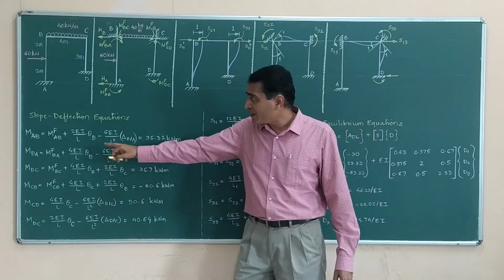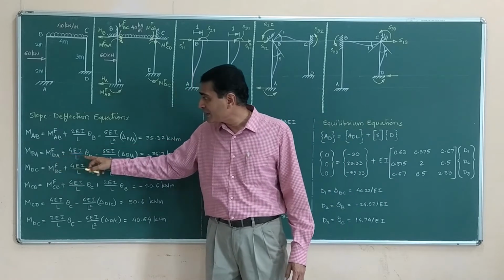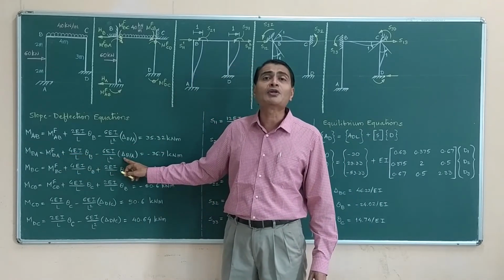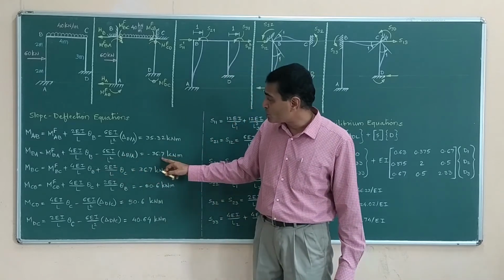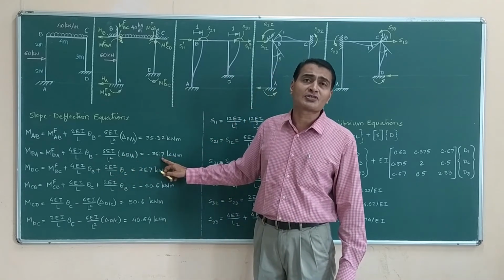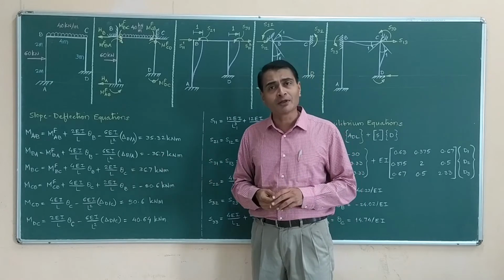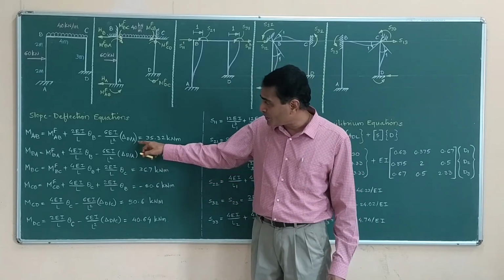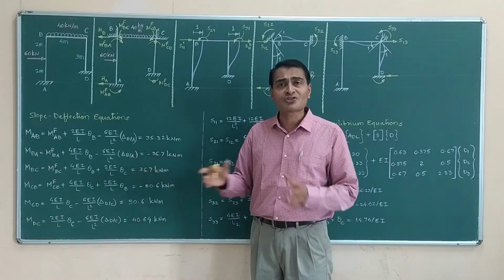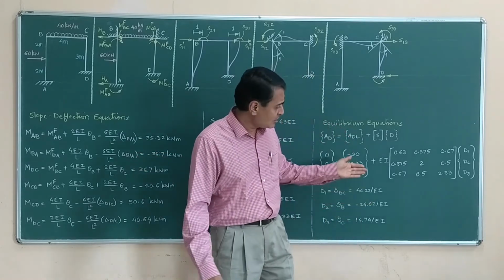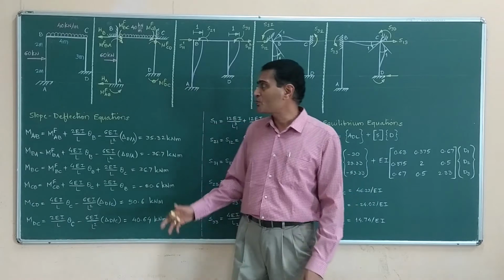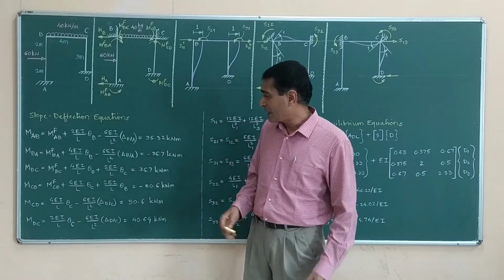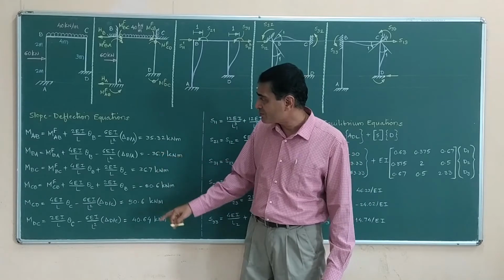Then M of BA, I have fixed end moment, near end rotation for B point, and again the relative translation. Substitution gives me negative 36.7 kilonewton meter. You please actually calculate. You see that you are following each and every term in this slope deflection equation. Substitute these values, substitute values for L, length of each span, and then you will get these answers.